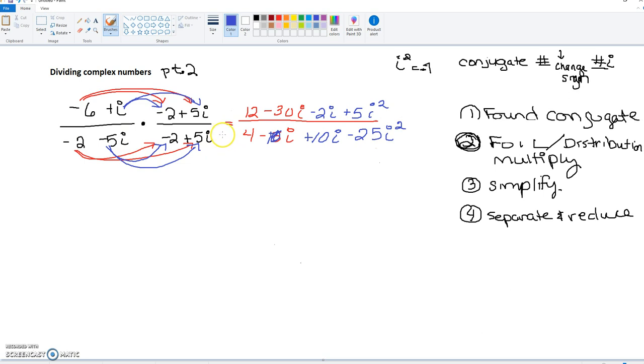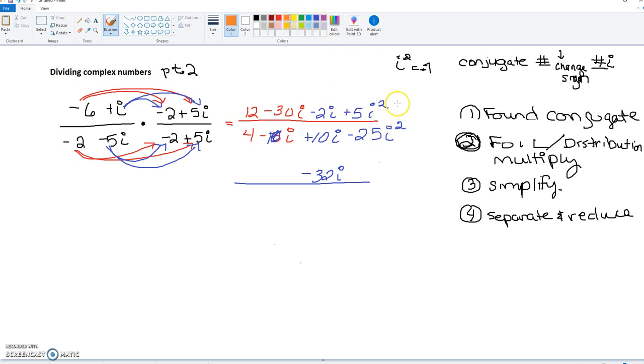Okay, so now that we've multiplied everything out, of course, we're going to simplify everything. So let's look at the top, see what we can simplify. We've got our -30i and our -2i, which gets us a -32i. And I'm going to go ahead and put it in the correct spot that it needs to be.